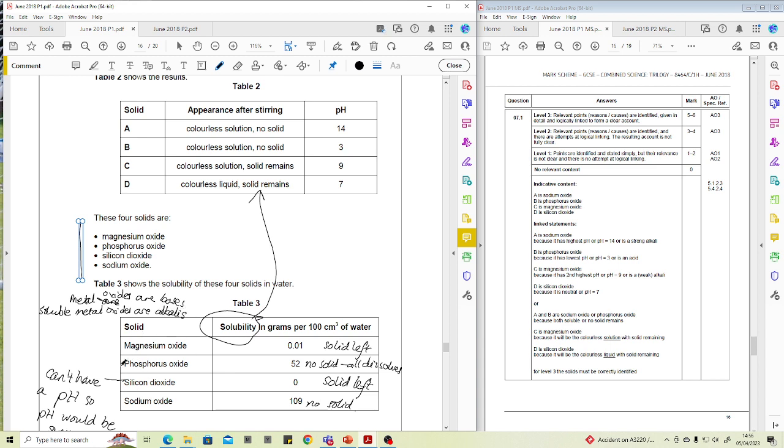Okay, so let's have a look. This is a metal oxide, this is a non-metal oxide, this is a non-metal, this is a metal. So solid was left, so that's a base but not an alkali. Okay, and this one, if there's no solid, it dissolved, that is a base and an alkali.